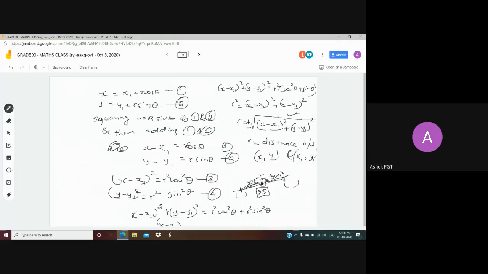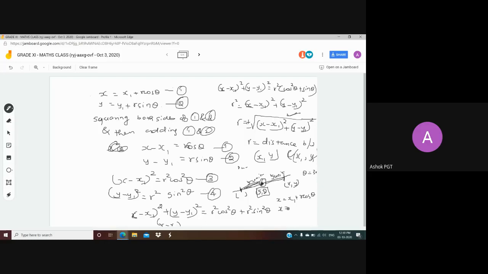Here you cannot use the straight line equation. You have to use the parametric equation only. If you want to find this x comma y, the formula is x is equal to x1 plus r cos theta, and let us say that the angle made by the straight line is 30 degrees. So the x value can be calculated.